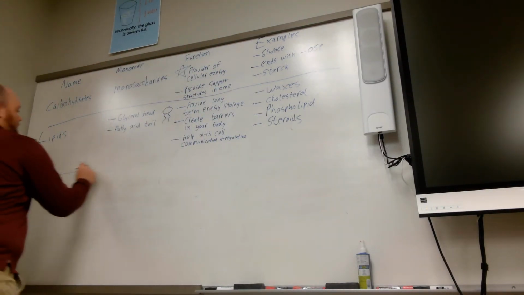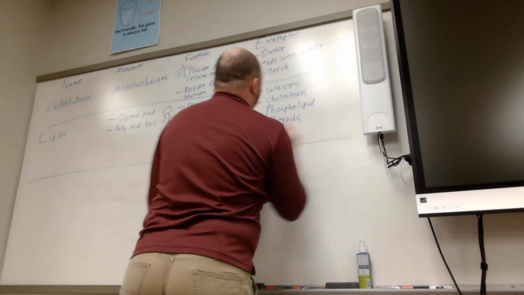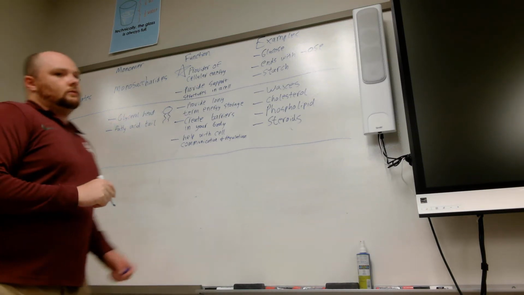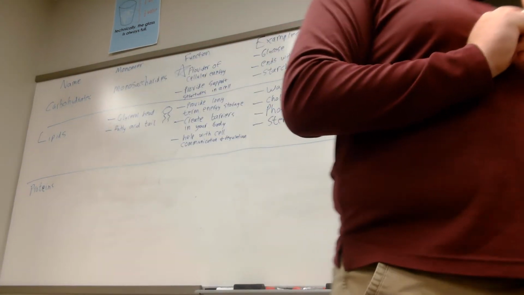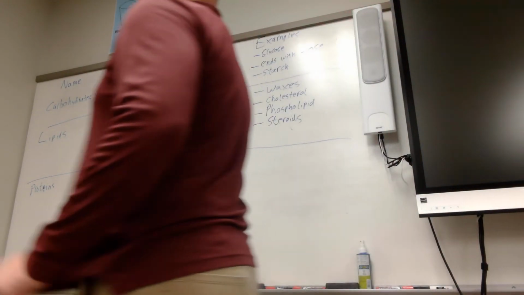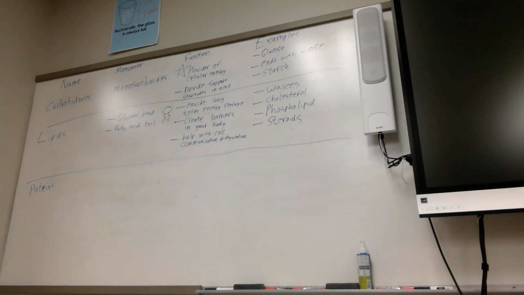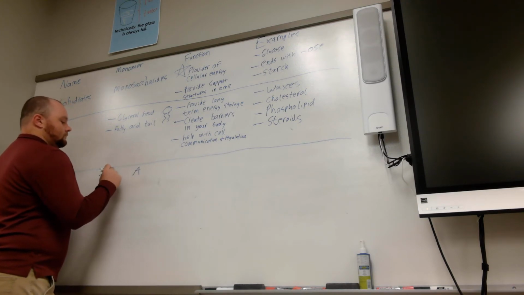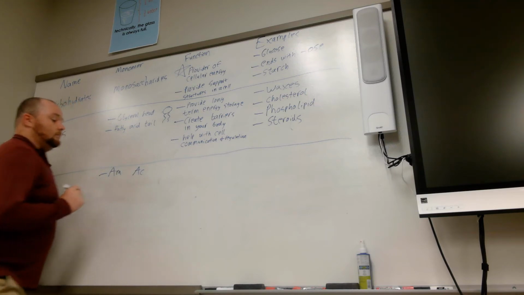Speaking of proteins, that'll be the next one we do. Okay, so proteins. Anybody know what proteins are made up of? They're just a long chain of, it's 2 words, both of them start with an A. Amino acids.